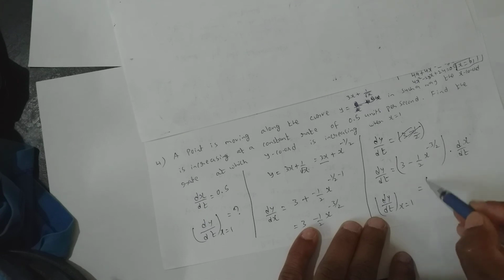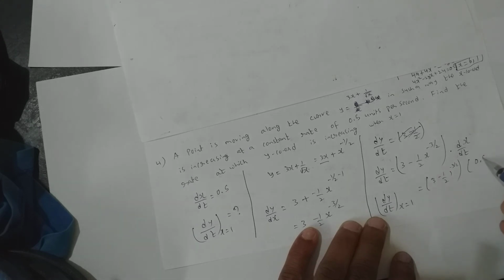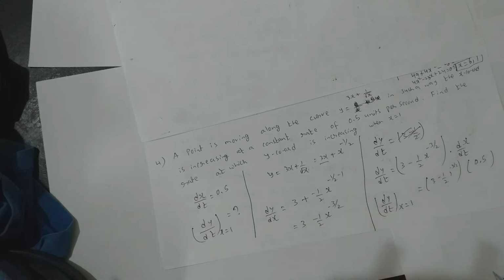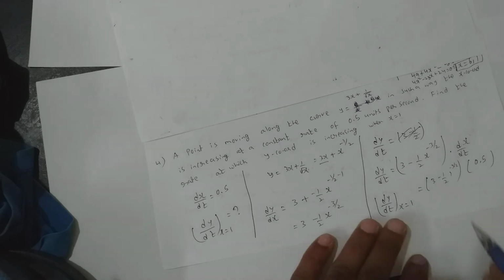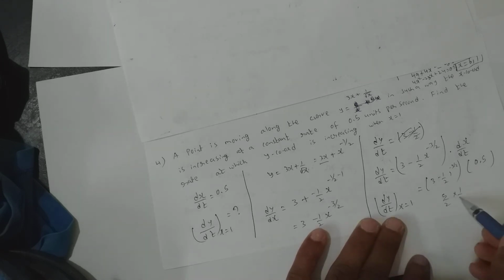So in place of x put 1 power minus 3 by 2 and dx by dt is given to be 0.5. Okay, so this becomes 3 minus 1 by 2 is 5 by 2, into 1 by 2, which is 1.25. That is the answer. With this video, am I clear with rate of change sums?